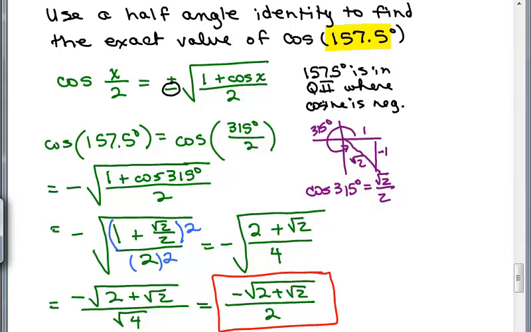And then in part B, we used the half-angle identity for cosine to compute the cosine of 157.5 degrees, and we got that the cosine of 157.5 degrees was negative root 2 plus root 2 over 2. So now we're going to write the sine of 157.5 degrees divided by the cosine of 157.5 degrees using these values.